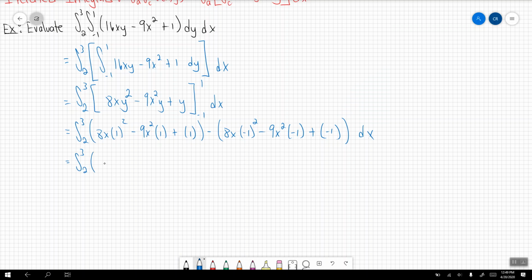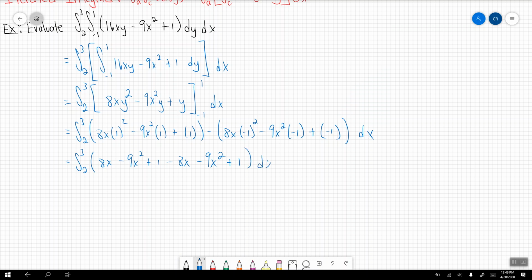Alright, here we're going to be left with 8x. Here is 9x squared, that's negative. And then we're left with a plus 1. And then this is going to be a minus. So it's going to be minus 8x. There we are. Negative is going to distribute, so negative times a negative gets us a positive, but then this negative is going to make it a negative again. So that's minus 9x squared. And then this here, negative times a negative, is just going to be a positive.